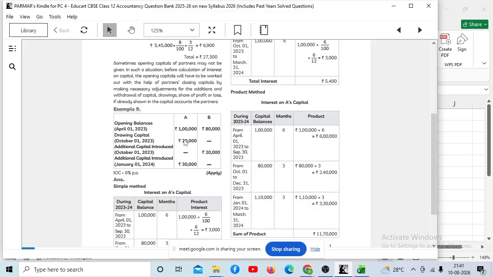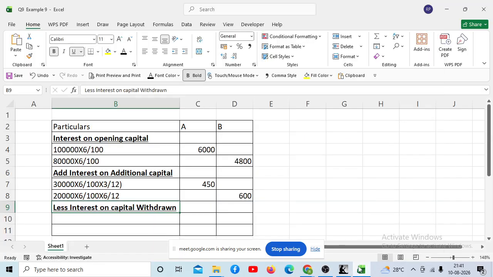As far as withdrawn is concerned, it is only for A. He has withdrawn 20,000 on 1st of October. So on 20,000 we will calculate 6%, and since it is October, we will start counting from October, that is October, November, December, January, February, March. So again it is 6 months, right? So we will write here on 20,000 6% for 6 months.